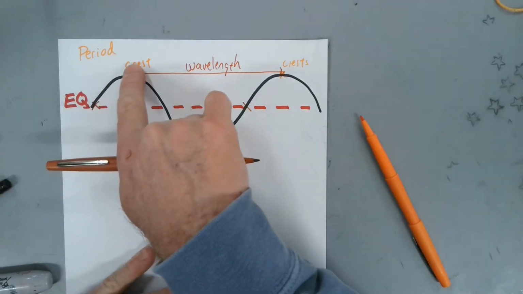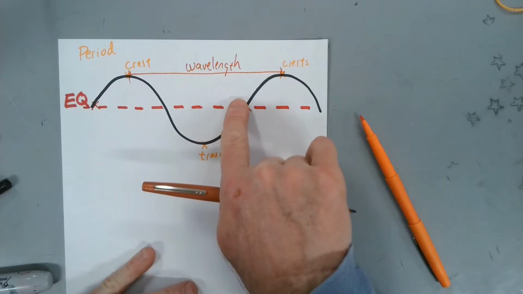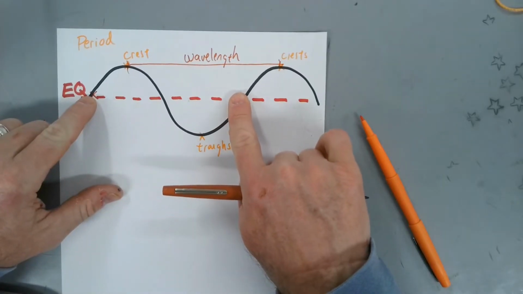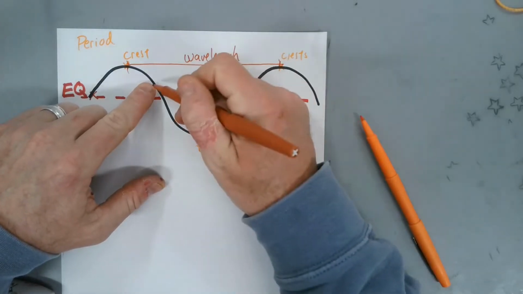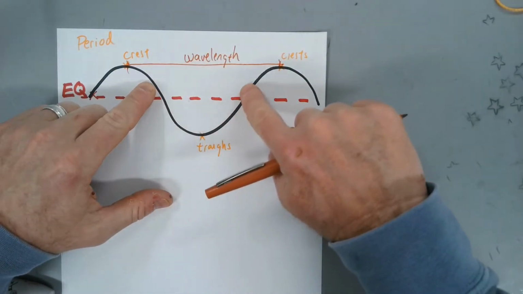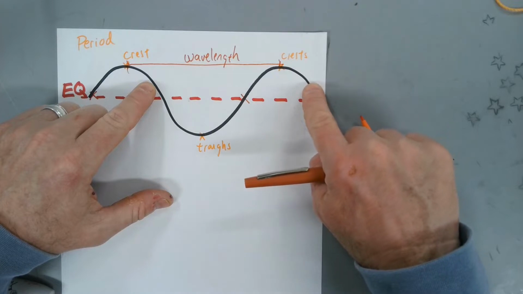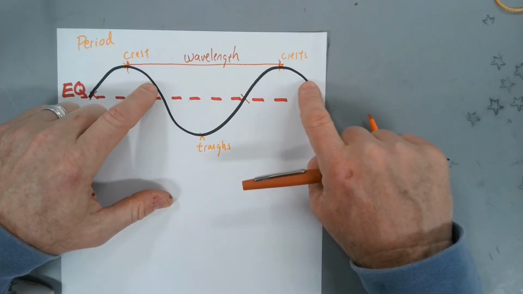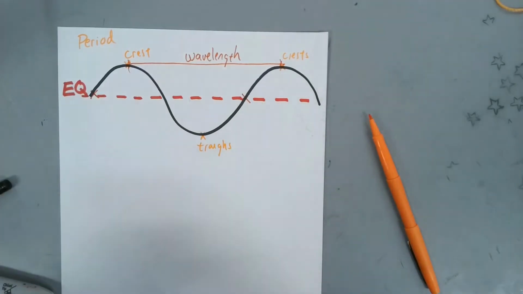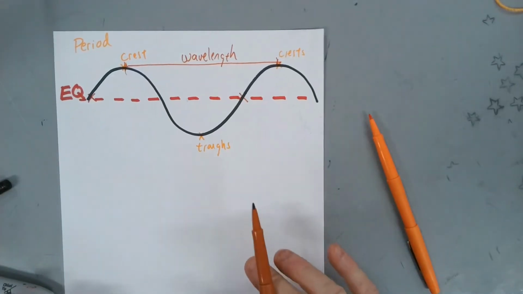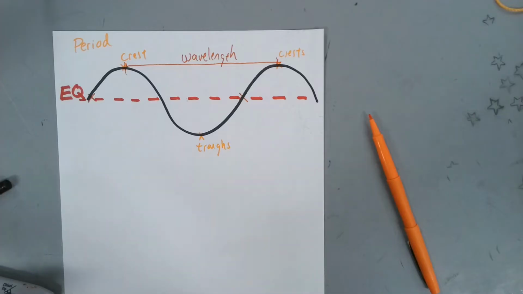But remember, to complete one cycle to get back to where you were starting from, that's a wavelength. We could say right here, go down, come up, back to that same point. That distance is also a wavelength. But it's the same no matter where you measure it from. So the wavelength is the distance from one point on the wave to the next identical point on the waveform.